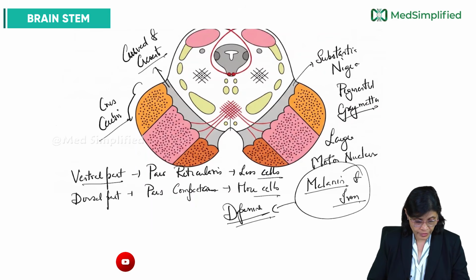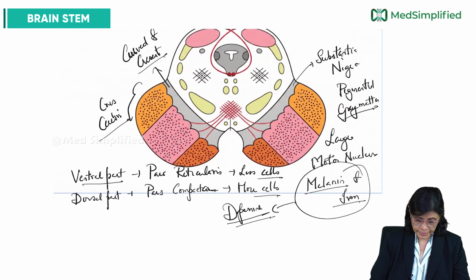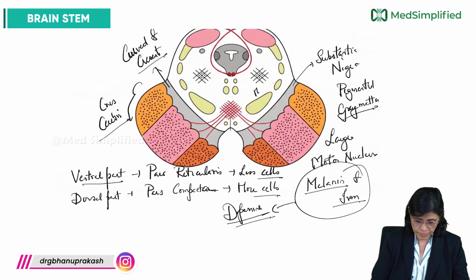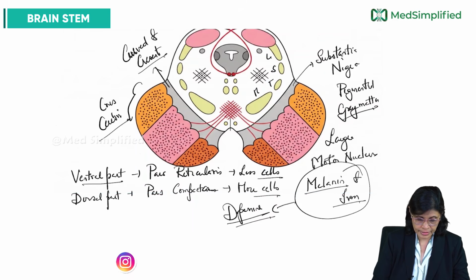Next, these are all the tracts, the white matter, which consists of the medial, trigeminal, spinal and the lateral lemniscus, which we already know about. This is the nucleus of the inferior colliculus.